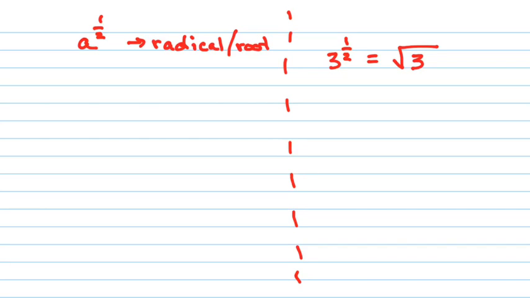So what if it was to the 3rd power? It would mean the cube root of 3. Say you have like 5 to the 1/3 power. Still a root. The base is the argument. But this time it's the 3rd root. Right? So a fractional exponent just means a root. Okay?